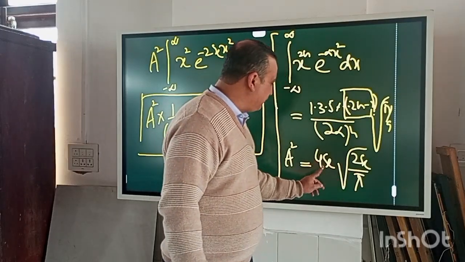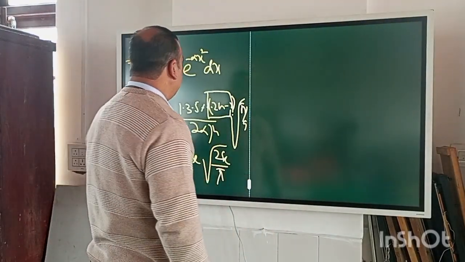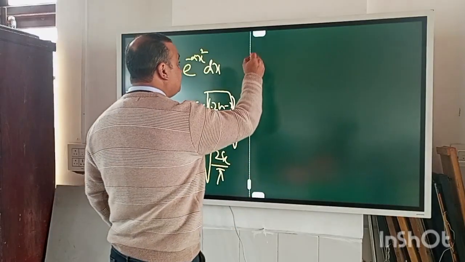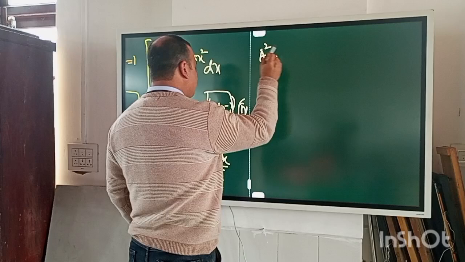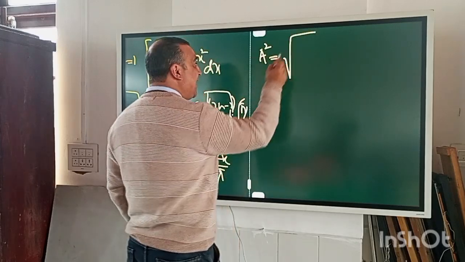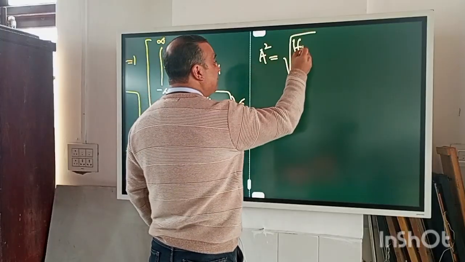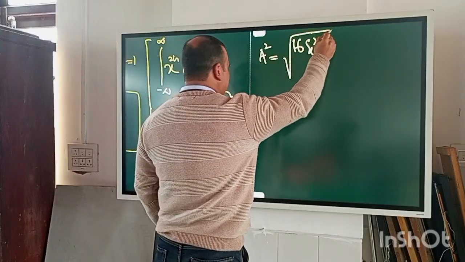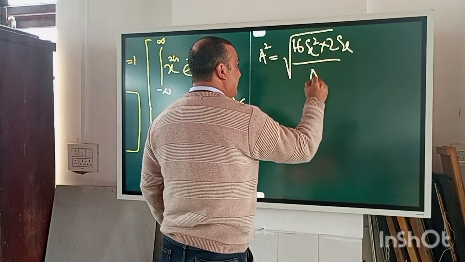And we can insert this 4 zeta inside the square root. So 4 will go inside and make 16, zeta will go inside and make zeta squared, and we have our own 2 zeta inside, divided by pi.